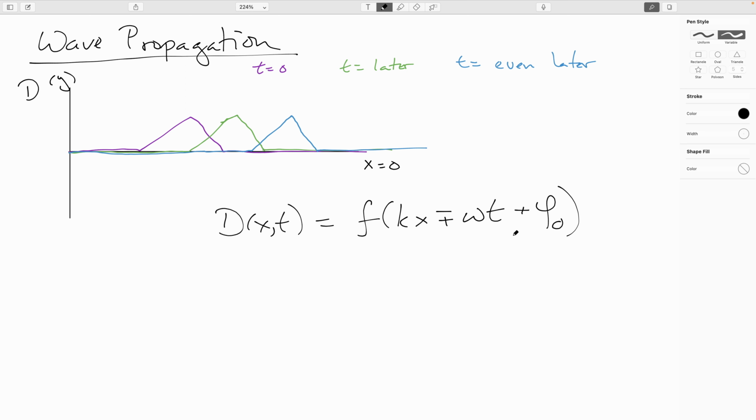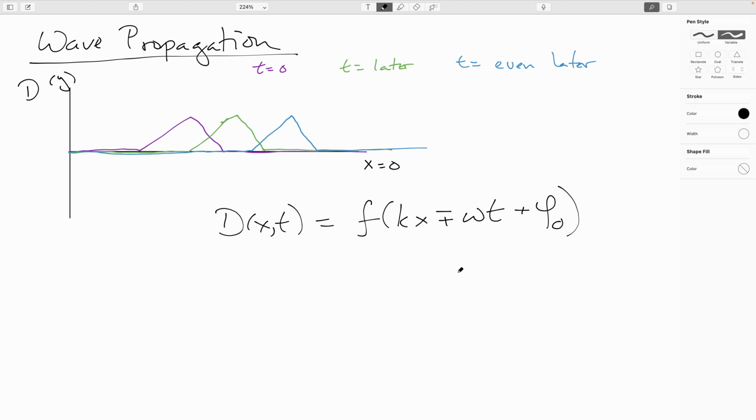And so with that in mind, I'm already thinking ahead that the units of this whole thing are going to have to be dimensionless. It's going to have to be radians. But it can be more general than that. All we need is for this term, and this term to all have the same units, whatever it is they are, and we need the whole thing to return meters when we get done with it.